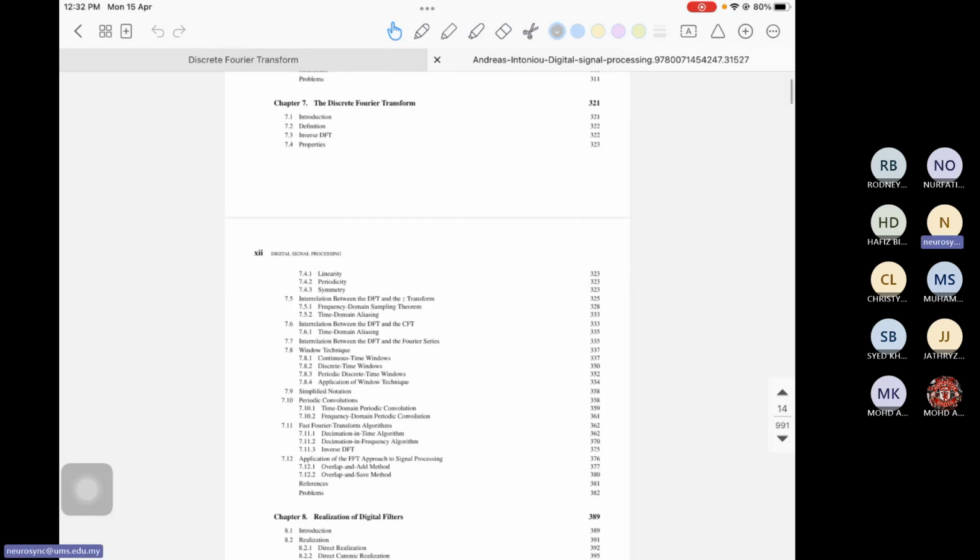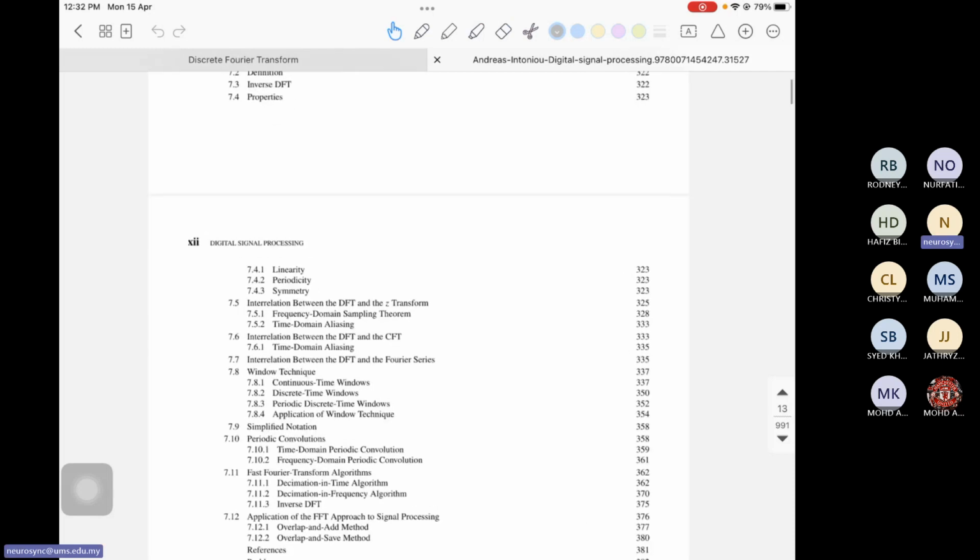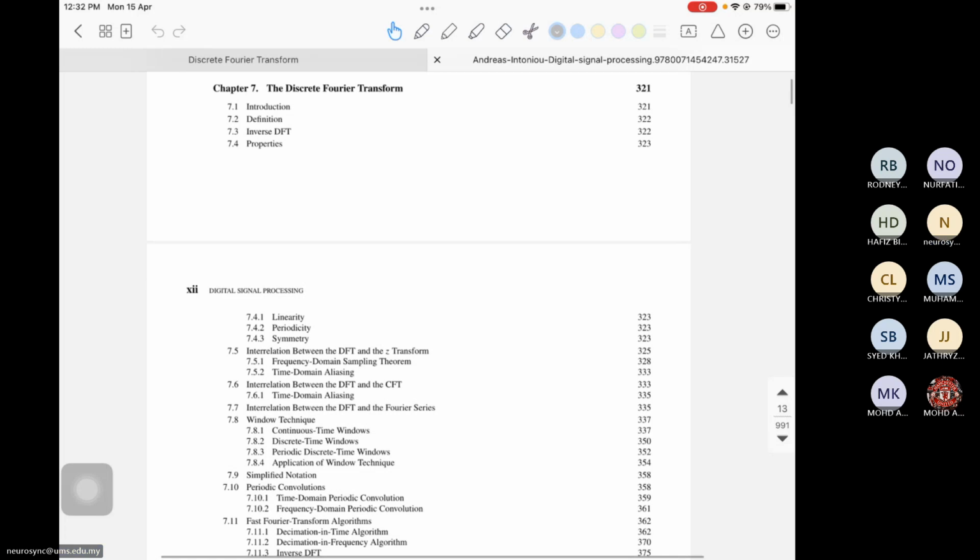Please read this chapter. You can read 7.1, 7.2 till 7.6, and some portion of 7.10, periodic convolutions, you can read.